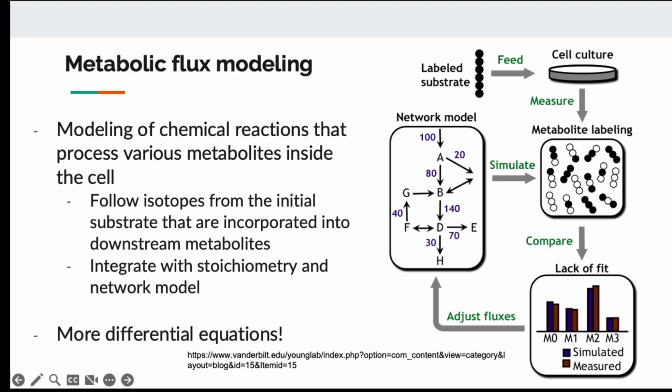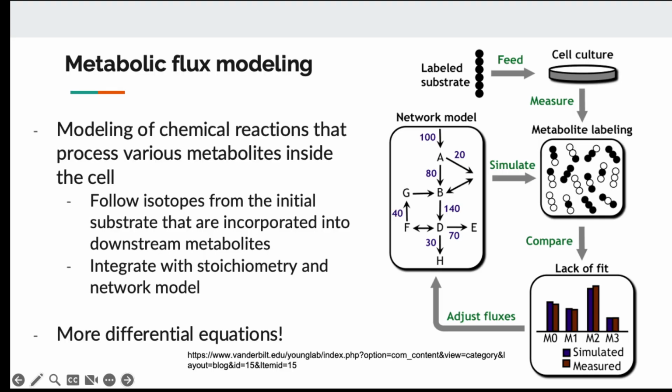So when we put in the substrate with isotope label, when this substrate gets processed inside the cell, some part of it will transfer to different parts of this network. Some go from A to B to D, and D to E. Some may go from A to B, B to D, but D goes to F, and F goes to G.